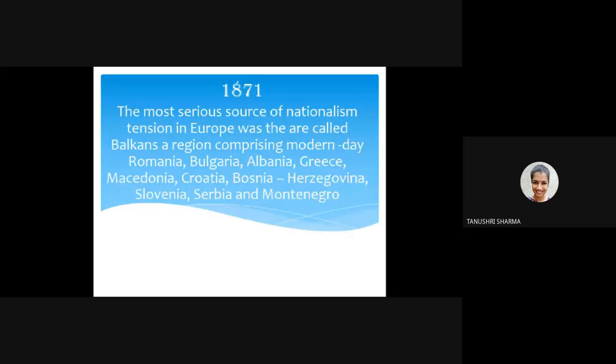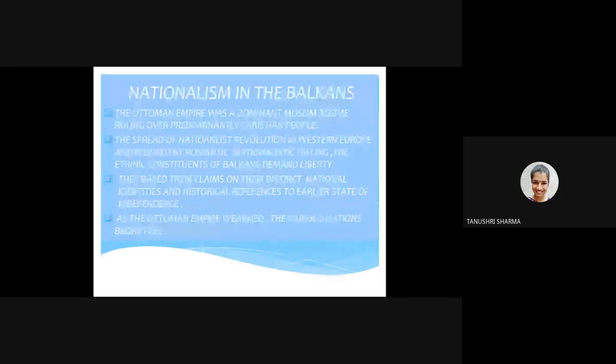So in 1871, the most serious source of nationalist tension in Europe was the Balkans, a region comprising modern-day Romania, Bulgaria, Albania, Greece, Macedonia, Croatia, Bosnia, Herzegovina, Slovenia, Serbia, and Montenegro. Nationalism in the Balkans.